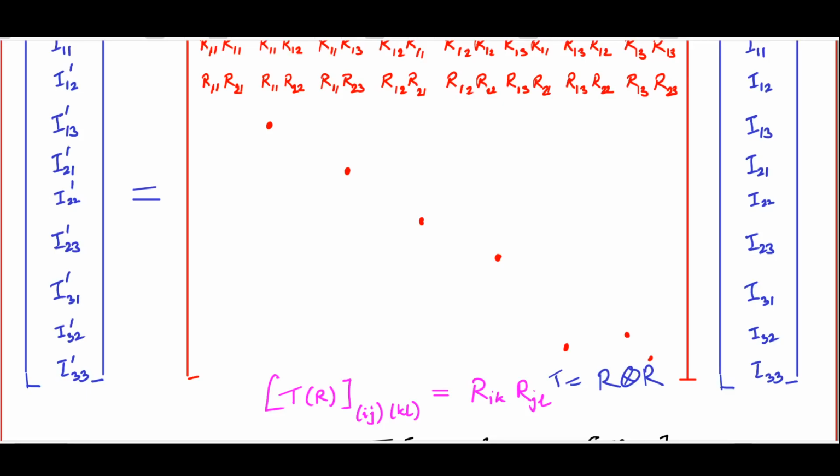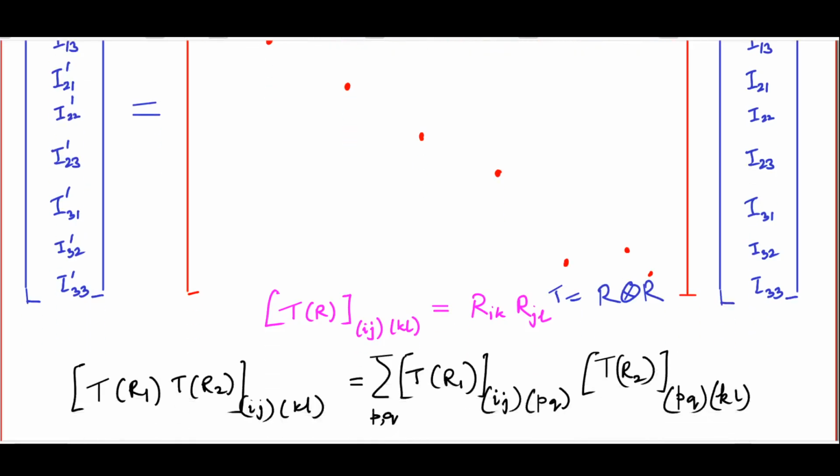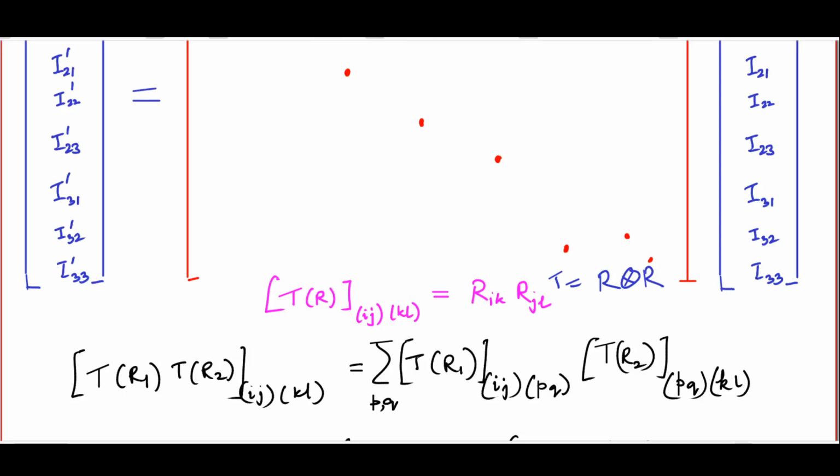And just to show that T(R) actually obeys our basic property, let's look at T(R1)T(R2)'s ij,kl-th element. Once again, let me emphasize that here the pair ij stands for the row index and the pair kl stands for the column index. Now, by the definition of matrix multiplication, this is equal to T(R1) ij,pq times T(R2) pq,kl summed up over all possible values of p and q.